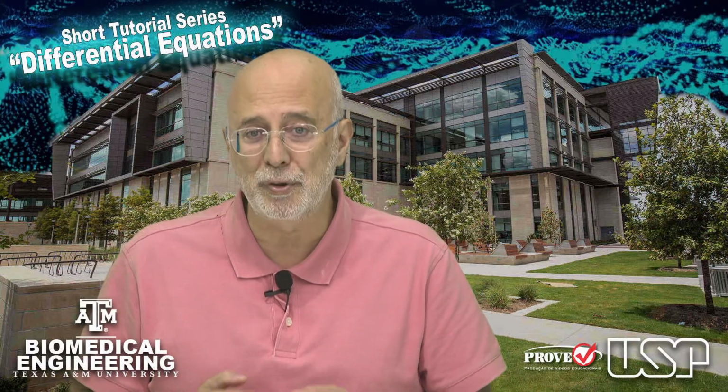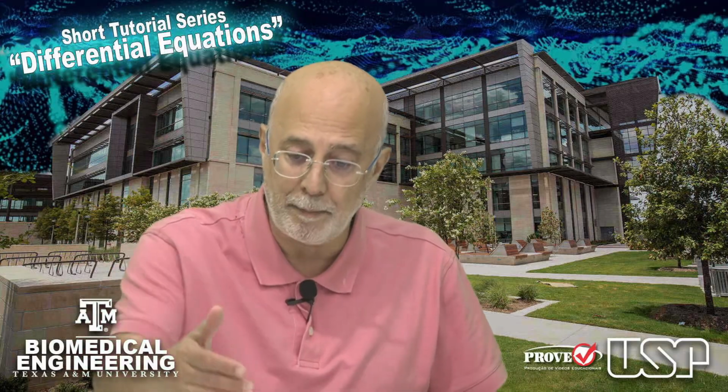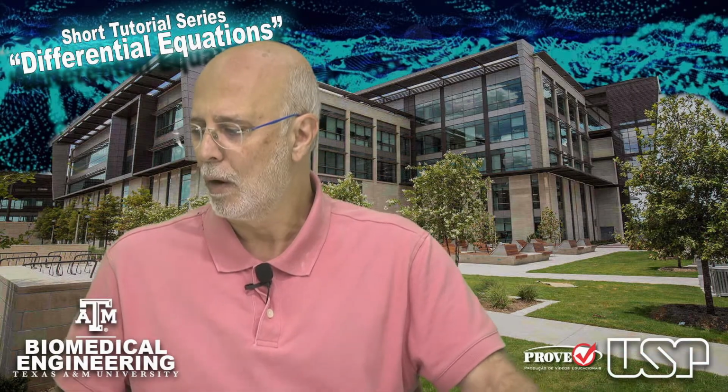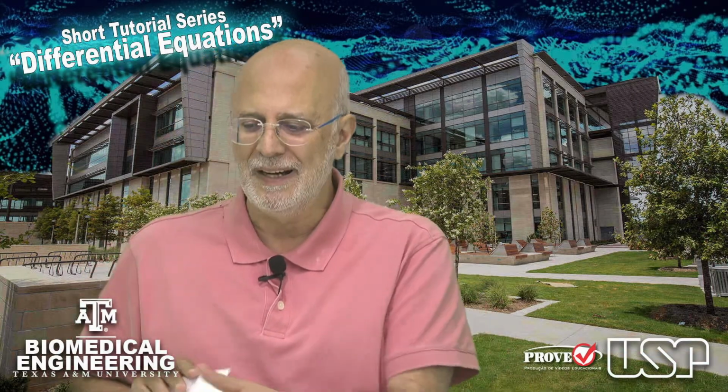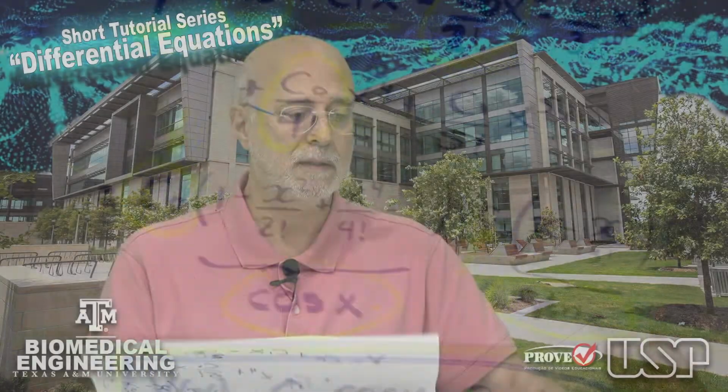When you are able to guess the right solution, you are in the game. But by power series, you don't need to guess anything. The power series is going to show us what the solution is. And then we get this beautiful solution with all the coefficients identifying sines and cosines.